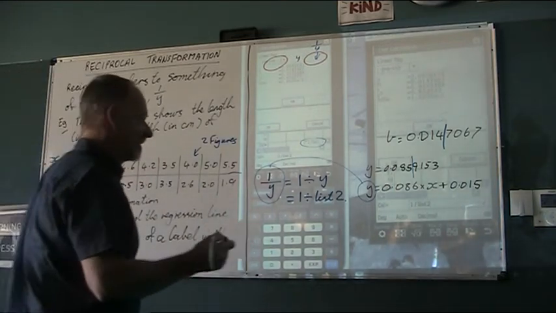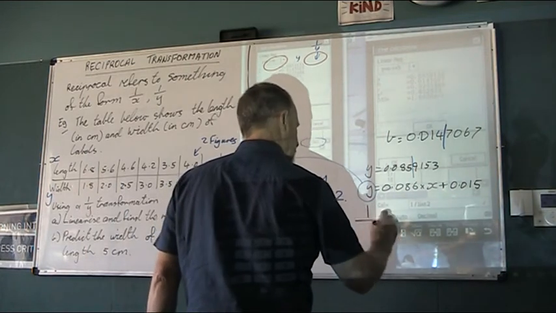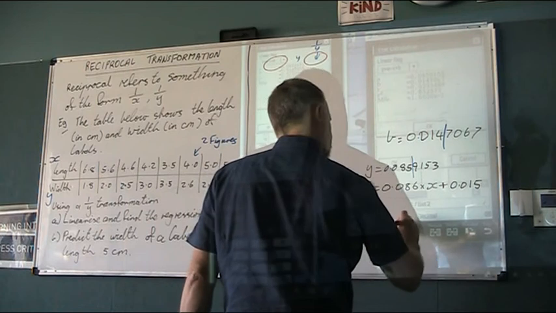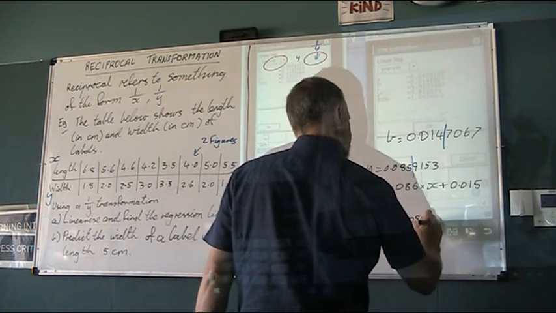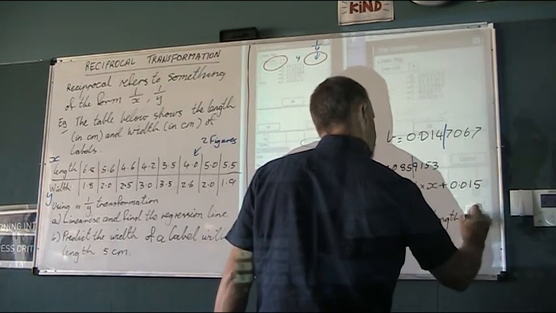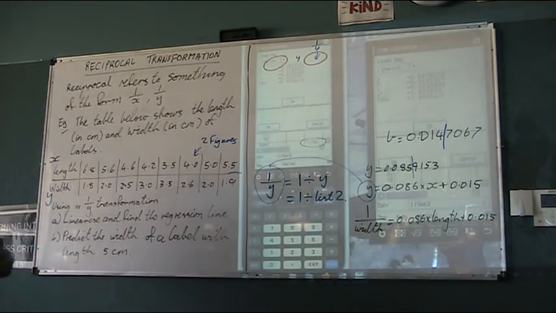So our y was our width, and we did a 1 on transformation, so 1 on the width equals 0.086 times the length plus 0.015. So part A, linearise and find the regression line. There we go, done.